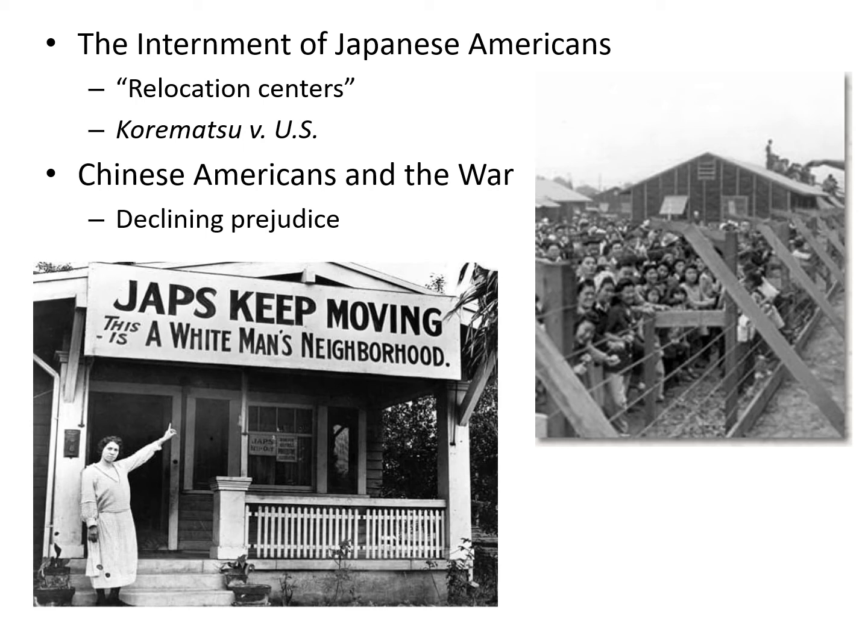Korematsu versus U.S. is like, yeah, no, sorry, national security has to come first. I'm not entirely sure this is the very worst decision of the Supreme Court. It might not be, because Plessy versus Ferguson is up there with really stupid things we've done, but it's pretty bad. But at this time, the Chinese were being treated somewhat better than they had been in the past.